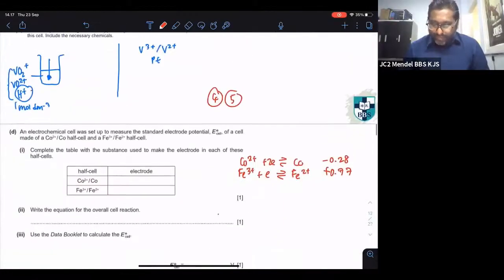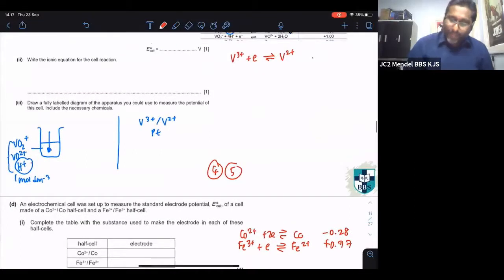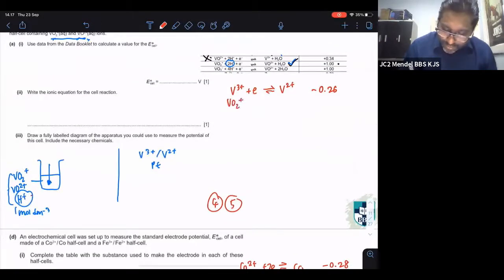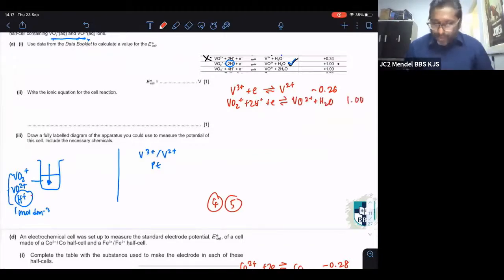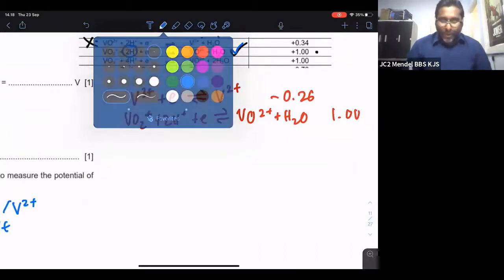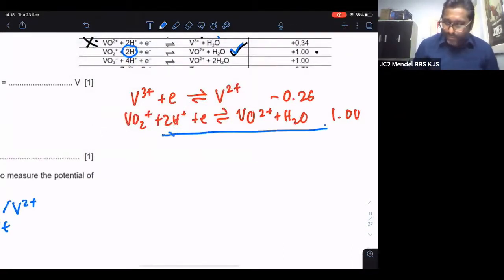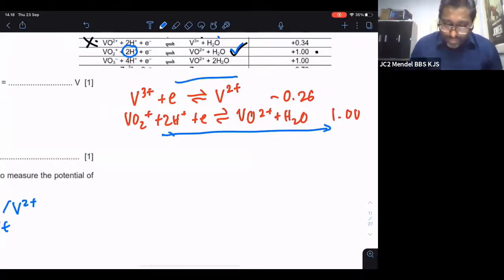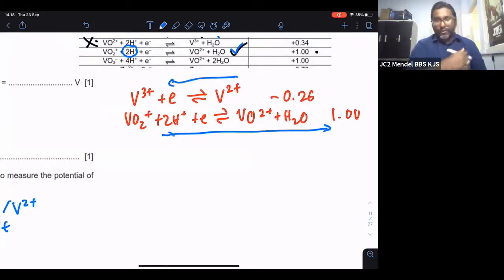Using this negative 0.26, I'm going to solve this. VO2+ plus 2H+ plus electron to give you VO2+ plus H2O. This is 1. If I want to find the E value, you find out which one is more positive. This is more positive, so it will go to the right. This one is less positive or negative, so it will go to the left.